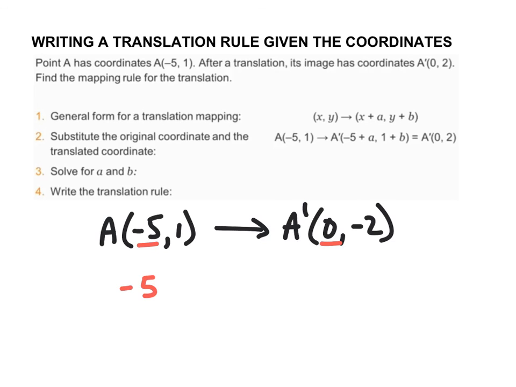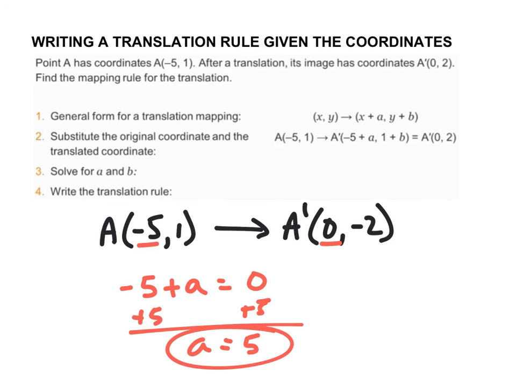I think about this: negative 5 plus some number a gives me 0. I can solve that equation for a, add 5 to both sides, and I get that a is equal to 5. You can also just think intuitively about it: negative 5 to 0, what would I have to add to negative 5 to get to 0? That would simply be 5.